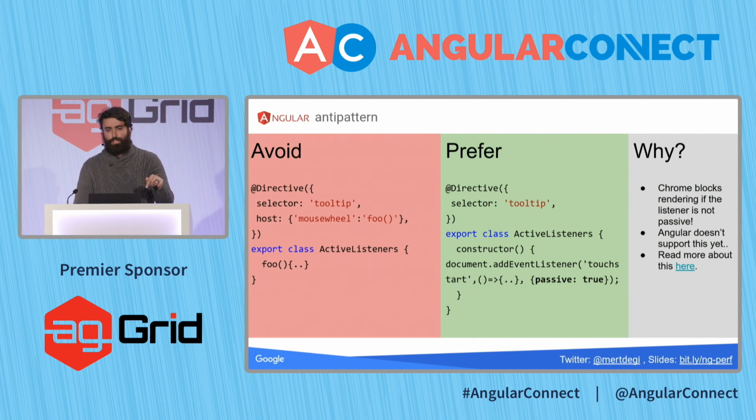The reason for this is that Chrome doesn't know whether the event listener will cancel the event or not. But if you add passive equals true, scrolling is just going to be faster. But you won't be able to cancel the scroll event, which in the majority of cases you don't want to. In the majority of cases I've seen, we don't cancel scroll events at all. So it's just a good improvement that you might consider doing using document.addEventListener.